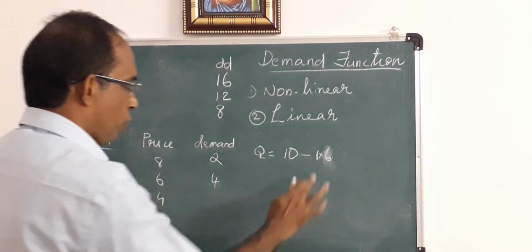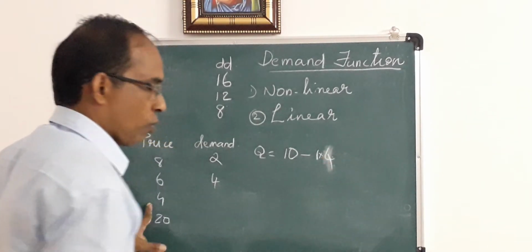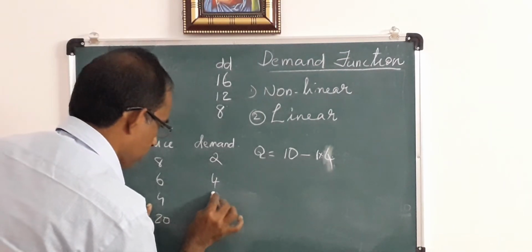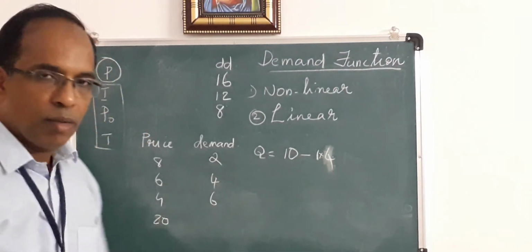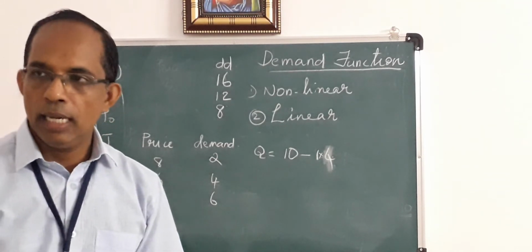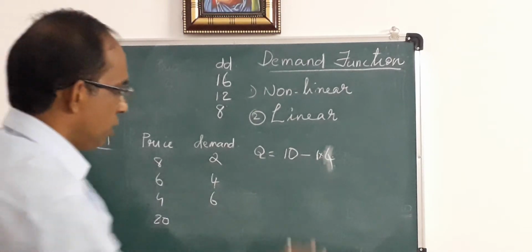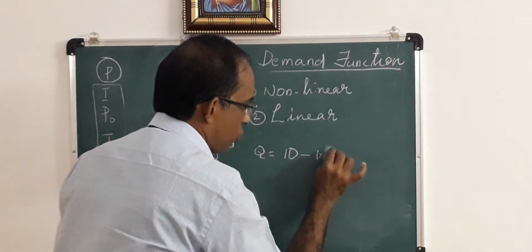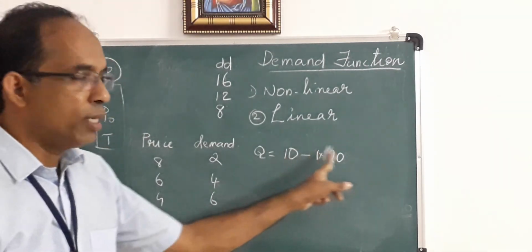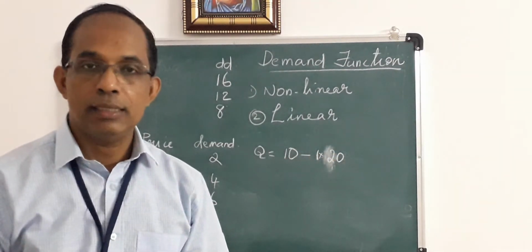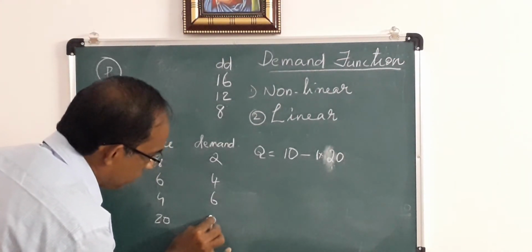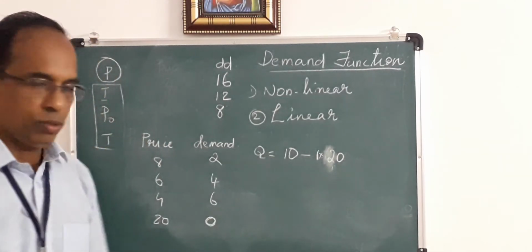Then at rupees 4, 4 into 1, 4, 10 minus 4, 6. Does Amrita demand anything when price is 20? 20 into 1, 20. 10 minus 20, minus 10, that means she does not demand anything. Her demand is 0. Clear?